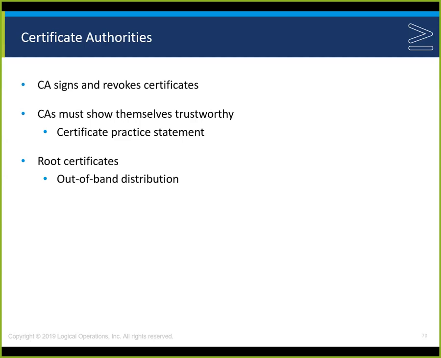The certificate authorities, generally speaking, and not having been one, but from the things that you read, the process that they use is they generate the root certificate, and then they sign the certificates for the issuing authorities with the root certificate, and that's kind of the chain that we see in the certificates that we have.